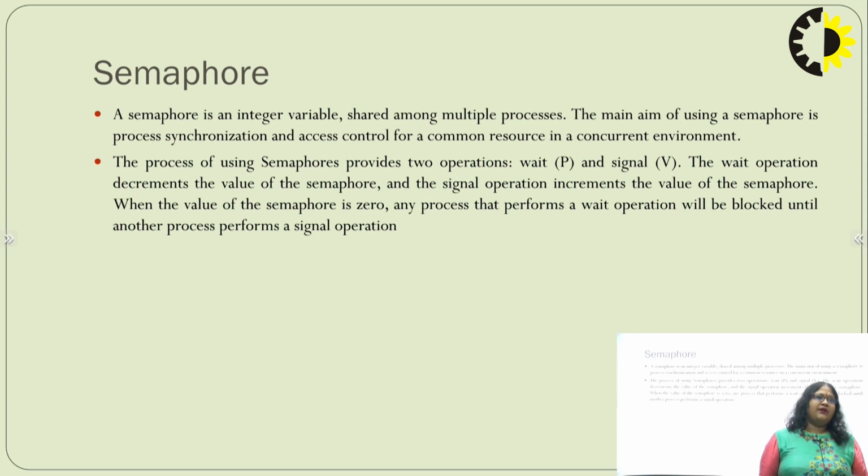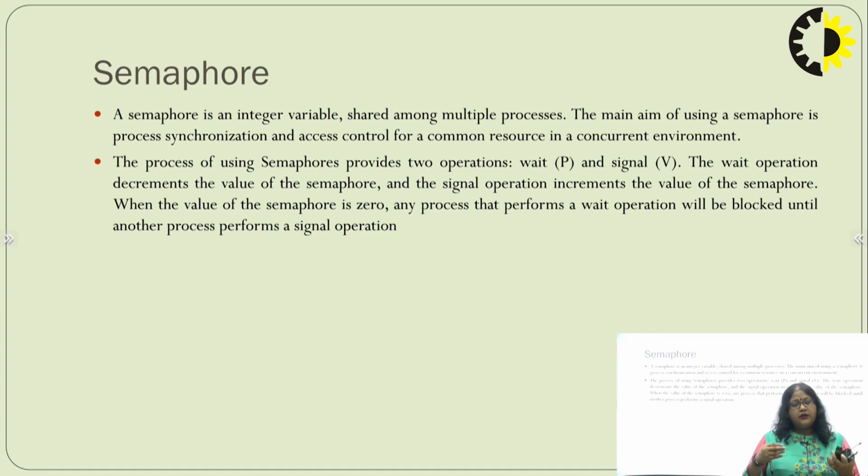Now what is a semaphore? A semaphore is an integer variable shared among multiple processes. The main motive of the semaphore is process synchronization.